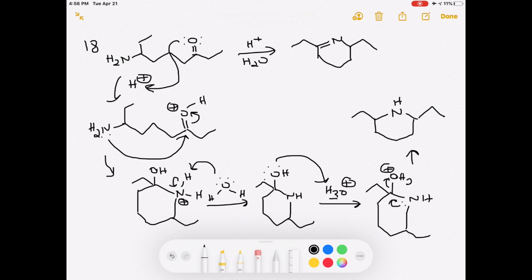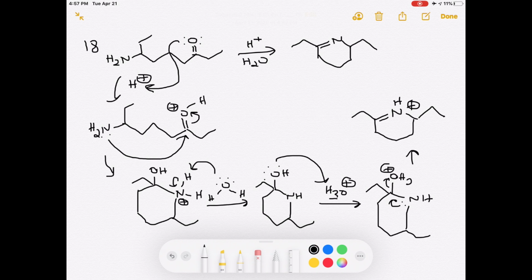The remaining step really is just, because at this point we have a positively charged nitrogen, since it has four bonds, which is past its valency.